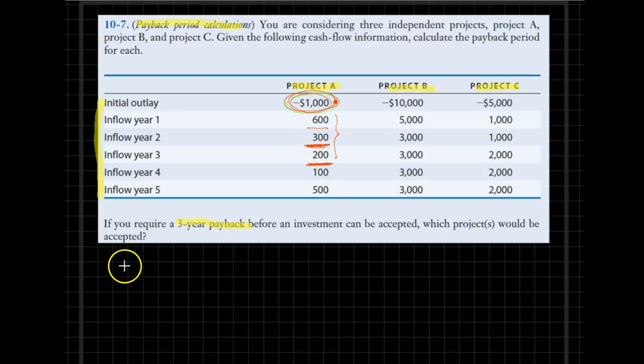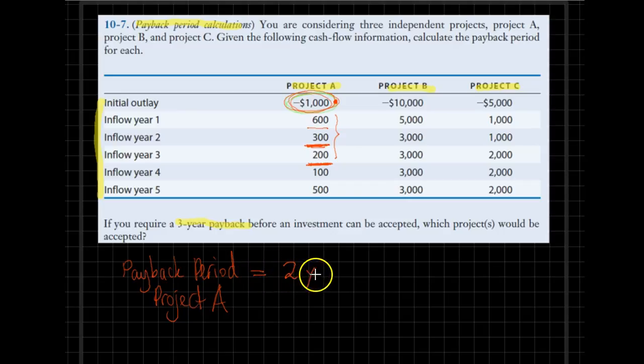So therefore, the payback period for project A would be 2 years and several months. Recall 2 years is not enough, but 3 years is more than enough. How many months? Now we need to focus exclusively on the third year.